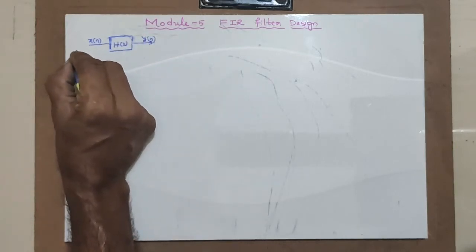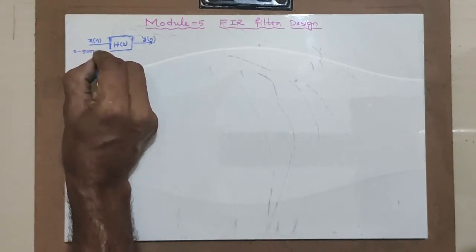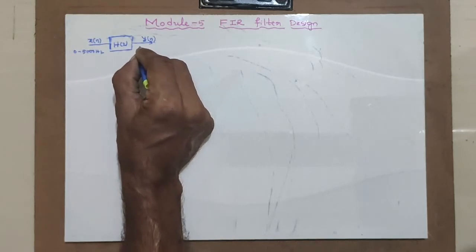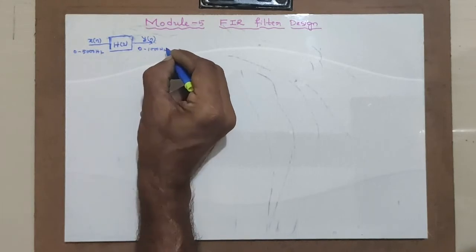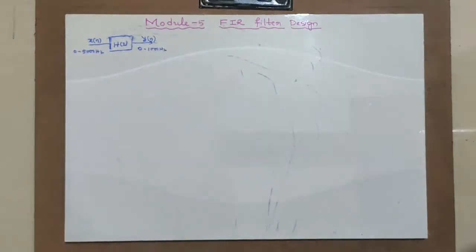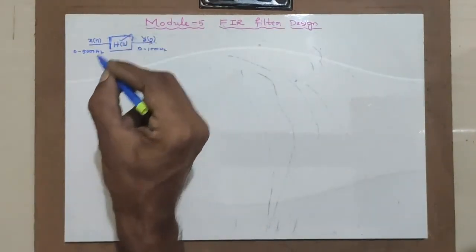Suppose X of n, or input, is from 0 to 5000 Hertz. What will be the output? Output will be, say as an example, 0 to 1000 Hertz only. 1000 Hertz to 5000 Hertz, the signal is not passed to the output. That is the job of the filter H of Z.